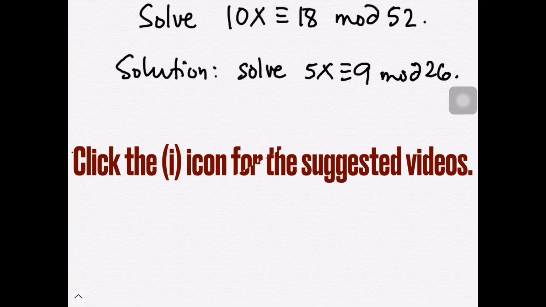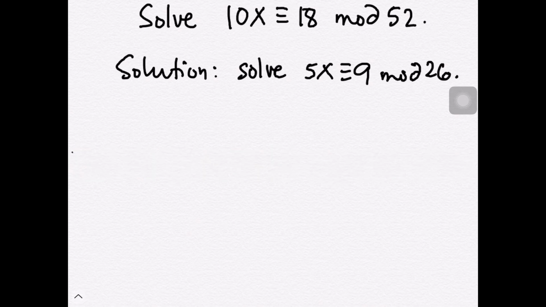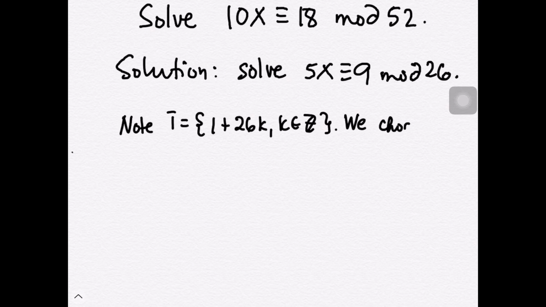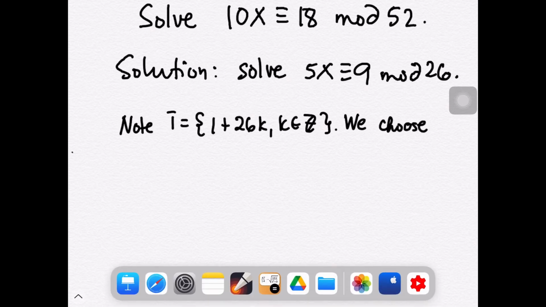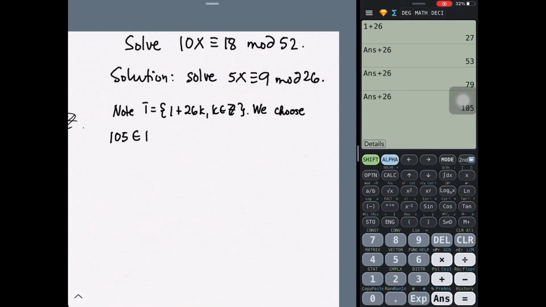We have a thorough discussion on how to solve this linear congruence in a separate video. Feel free to watch that video if you feel confused on how to do this. In that suggested video, step 1 is to get the equivalence class of 1 with respect to modulo 26. Next is to choose a member of the set that is divisible by a, and our a here is 5, and our first member that is divisible by 5 would be 105.